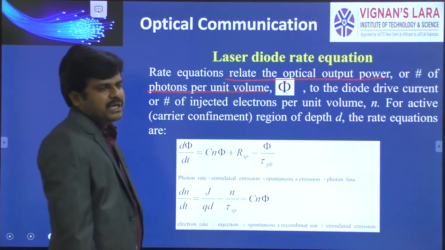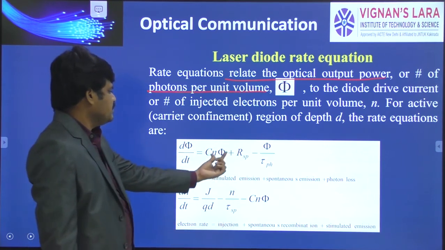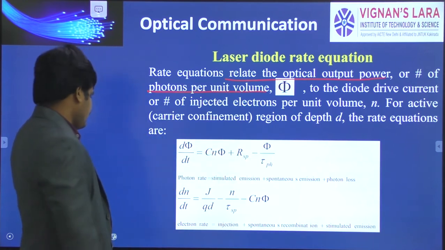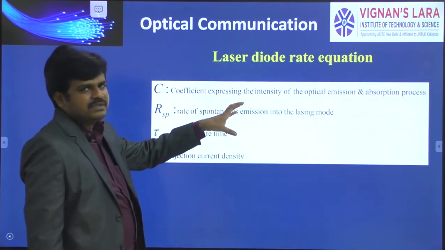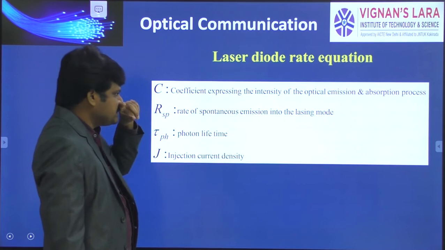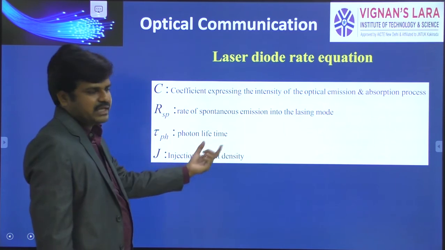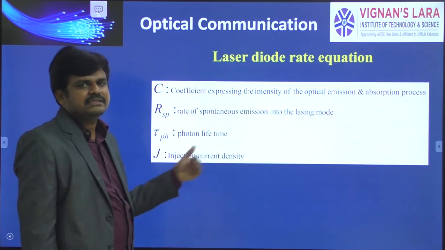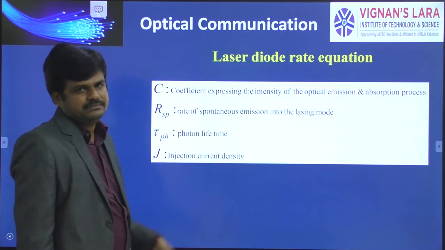The formula given is d phi by dt equals C n phi plus Rsp minus phi by tau, where C is the coefficient expressing the intensity of the optical emission and absorption process, Rsp is the rate of spontaneous emission in the lasing mode, tau is the photon lifetime, and J is the injection current density. Using that equation we can estimate the rate of laser action.